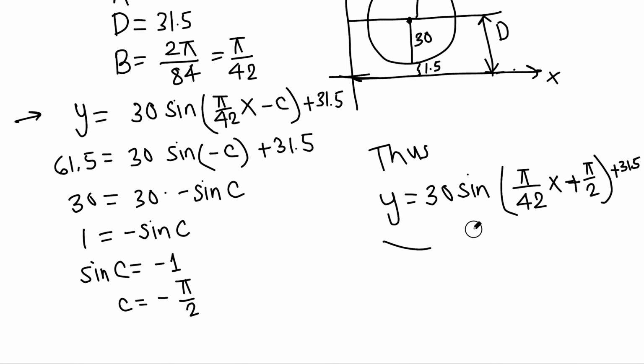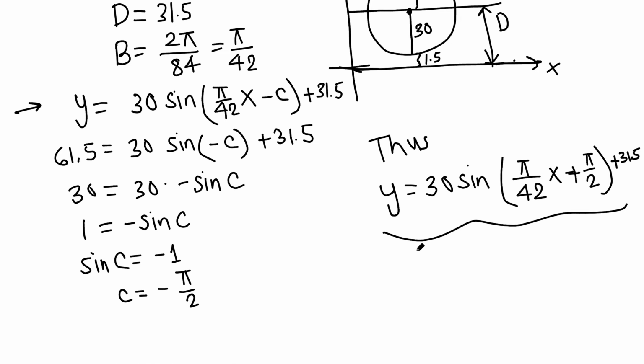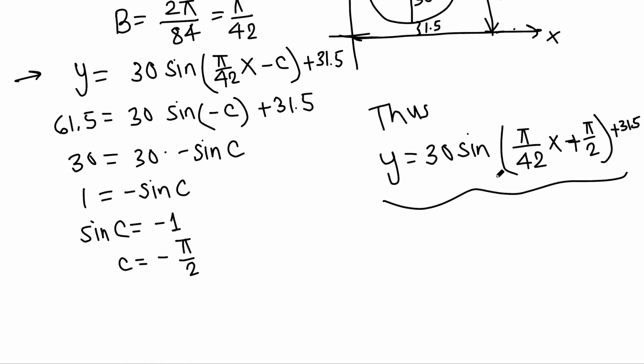Okay, that's the model. But the question is how high above the ground that person will be after 30 seconds. So after 30 seconds, all we have to do is plug in x equals 30.